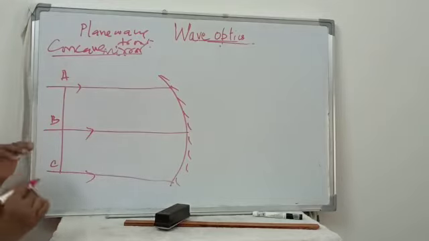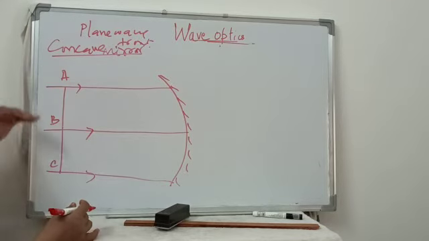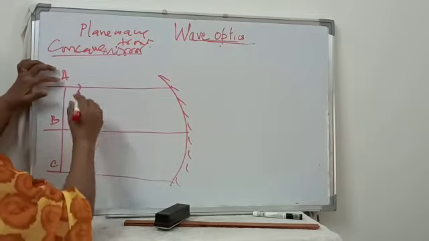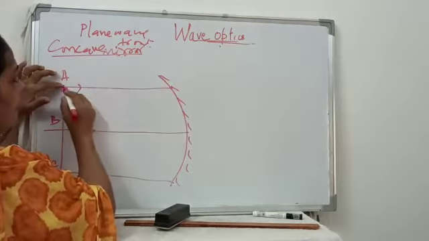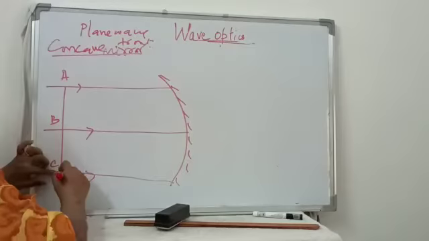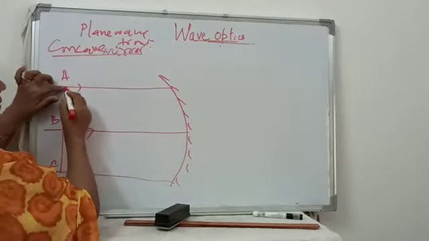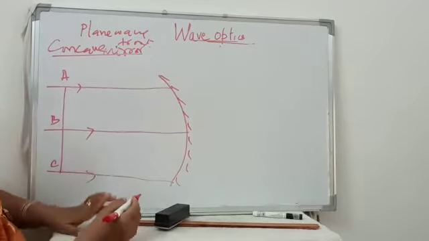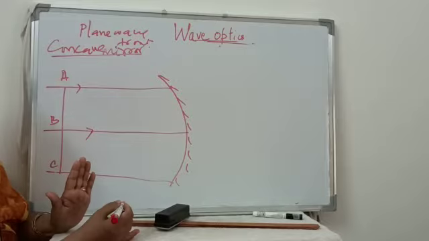Now, similarly, if you consider the three points A, B and C, if you compare A and C, they travel a long distance. Over here they travel completely through air, and the points A and C almost travel the same distance before they get reflected.